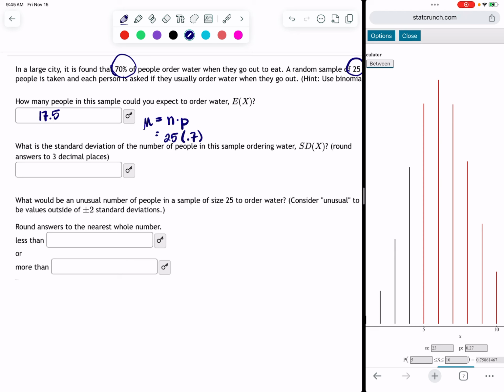What is the standard deviation, to 3 decimal places? Well, again, I'm going to refer back to my handy dandy formula chart. It tells me that the standard deviation is the square root of NPQ. But wait a minute. I've got the N and the P under control.